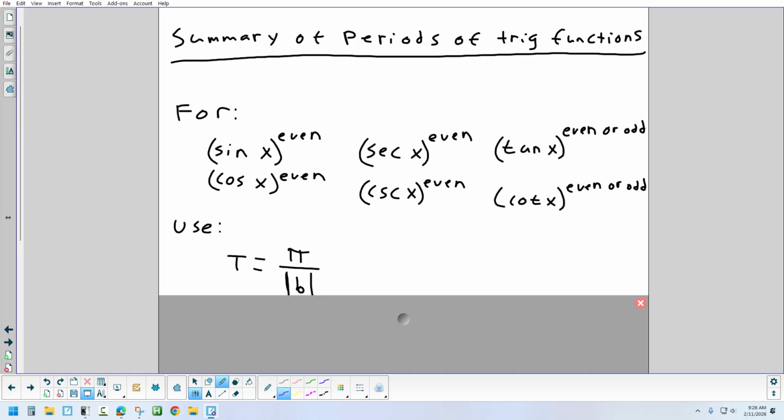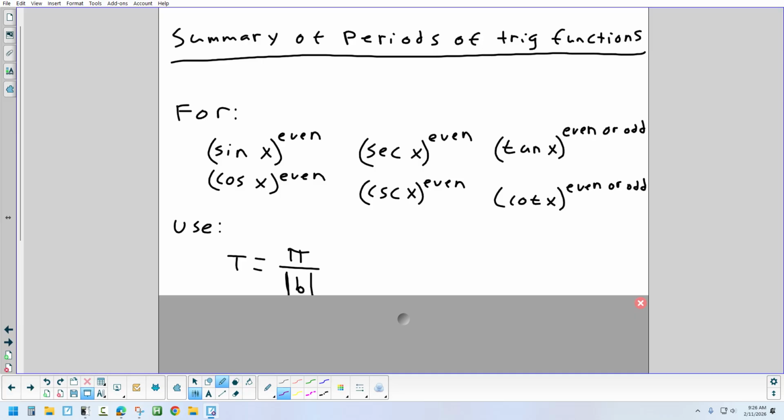Now, what's the other formula that we've used besides pi over b? Yeah, 2 pi over b.